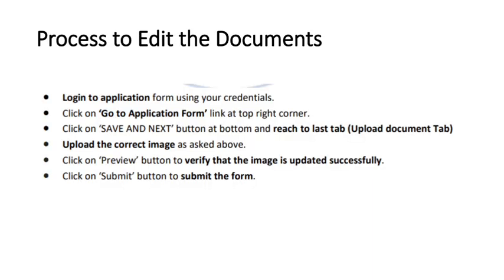So there is a process to edit the document. First you have to log in to the application form with your credentials, username and password, and then go to the application form link on the top right corner. Then click on save and next, and you will reach the last tab where you need to upload your documents.